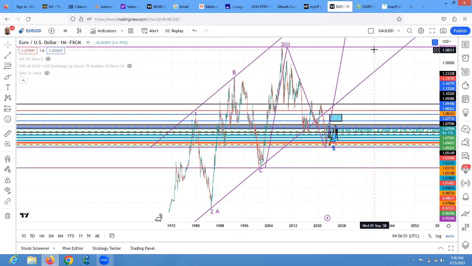So in other words, we might actually be seeing a movement.